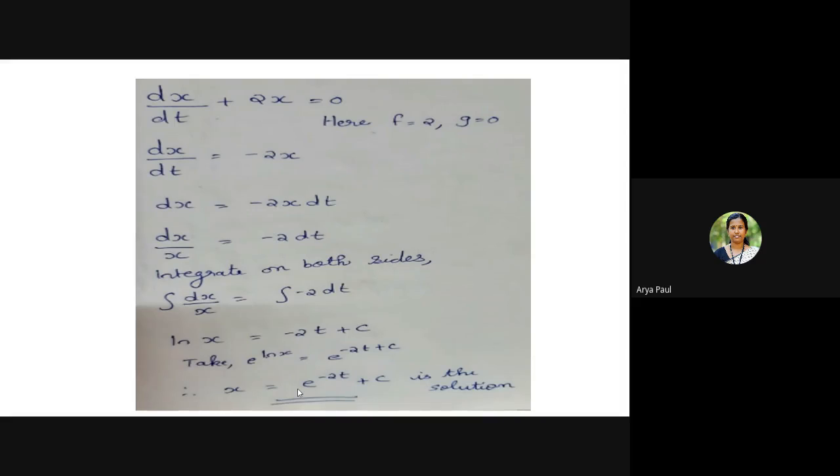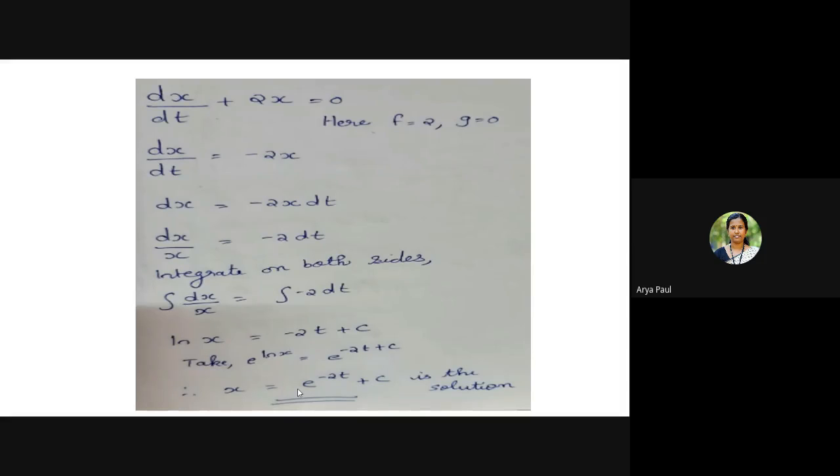But suppose the value of the function at some point is given. Suppose x is the function and x depends on t. Now suppose x of 0 is given. X of 0 means that at t equal to 0, the x value is given. Once again I repeat, t is the independent variable in this problem.